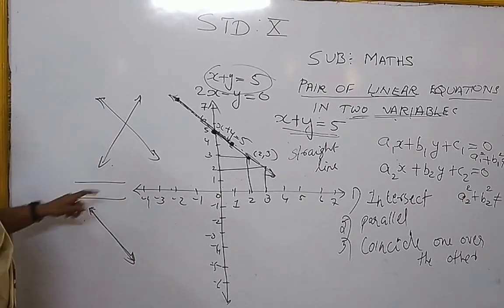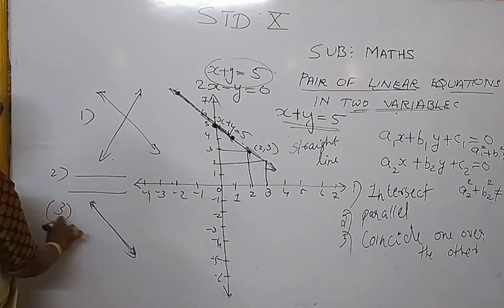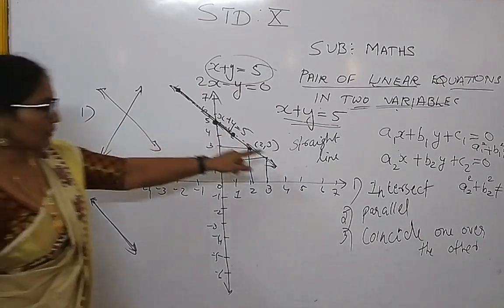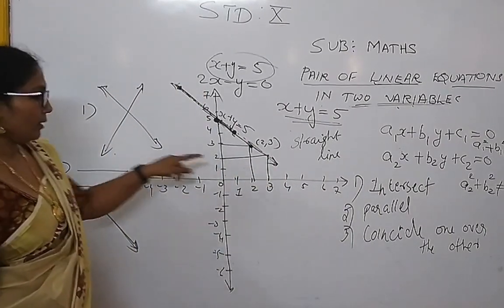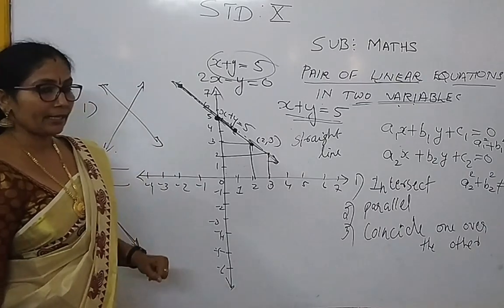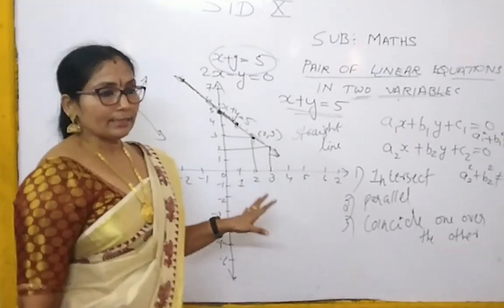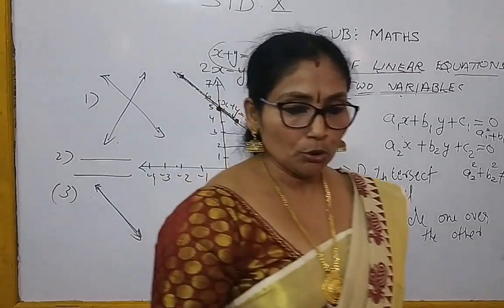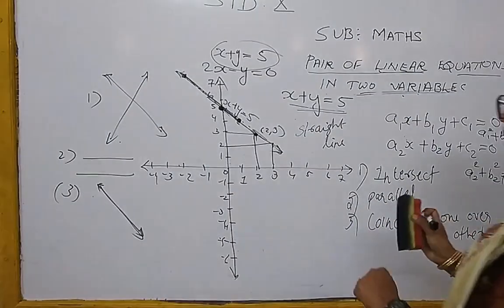So these are the three possibilities: first case when it is intersecting, second case when it is parallel, third case when it is coincident, one over the other. Now let us do some examples related to this.